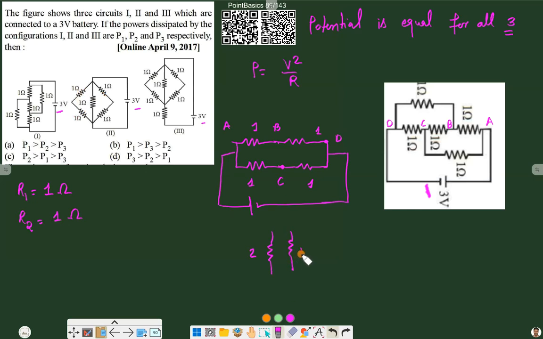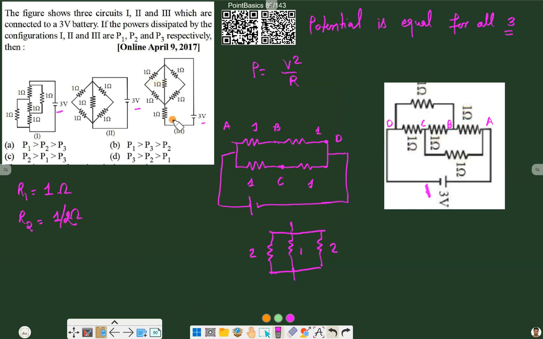Then we have 1 ohm, and then we have 2 ohm. All of these are in parallel, and 2 and 2 combined give 1, and again 1 and 1 combined will give us half. So our final resistance R2 is half ohm.